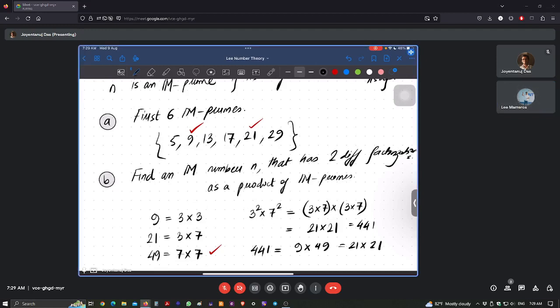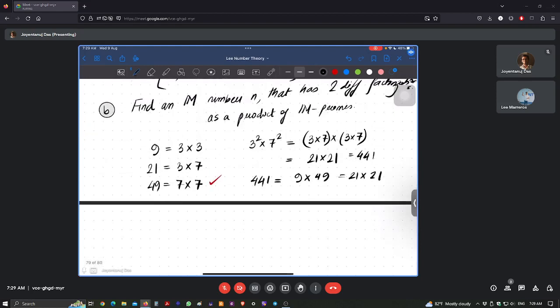No, here we are actually trying to find a specific type of number that has two different factorizations as m primes. So that we can construct like this. Okay.